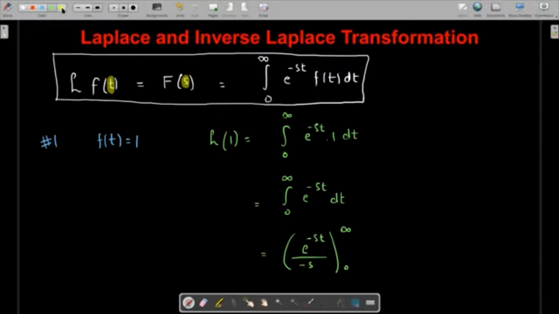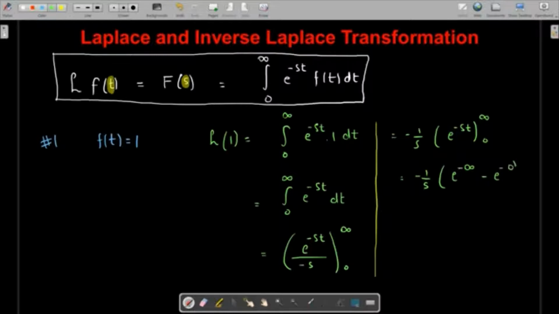All right, let me draw a line over here and let's continue. Minus 1 over s, as a constant, is going to come out. So we are left with e raised to minus st within the limits of 0 to infinity. If we place the upper limit, we have e raised to minus infinity, and if we place the lower limit, that's e raised to minus 0.